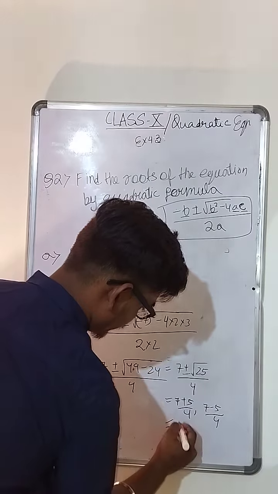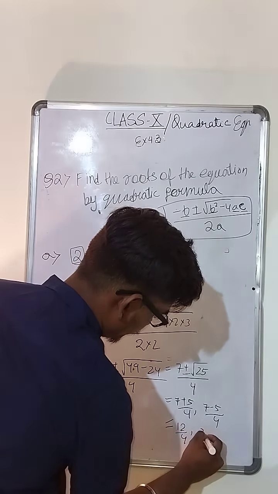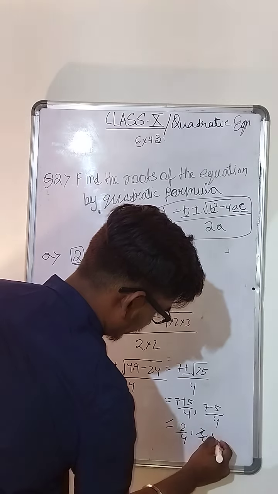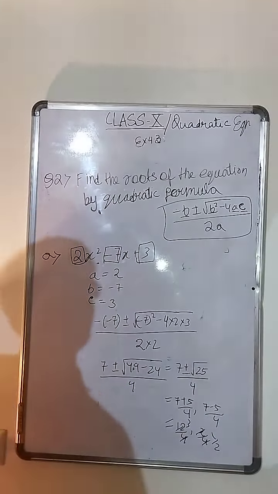What it will become? 12 by 4, 2 by 4, 1 by 2, another one will be 3. The same answer, one is by completing square method, another is by applying the quadratic formula, that is minus b plus minus under root b square minus 4ac.